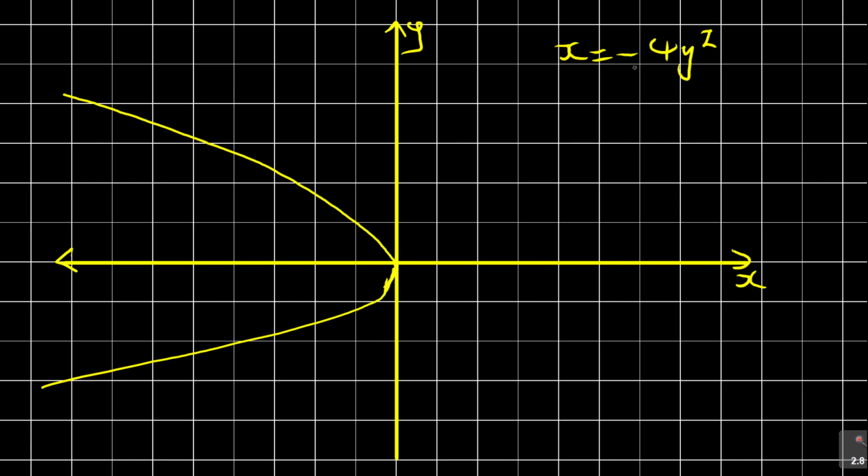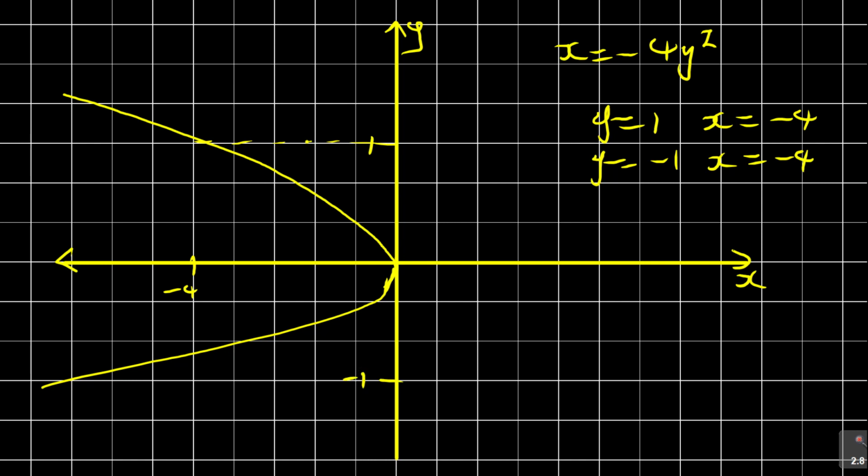You can maybe have one point. If I say y is equal to 1, then x is equal to -4. Even when y is equal to -1, x is equal to -4. So if this is -4, here you'll get a +1, so y is 1, and even here y is -1.